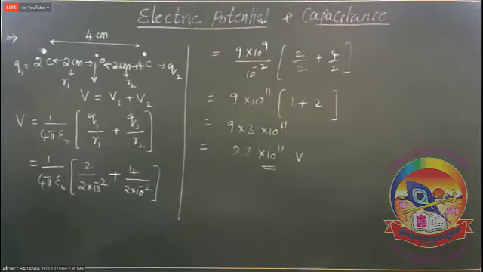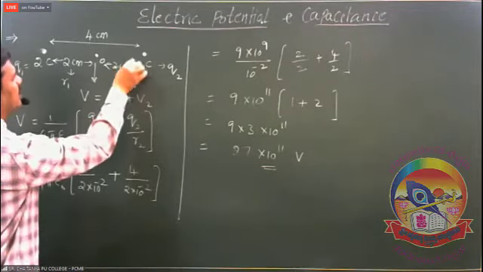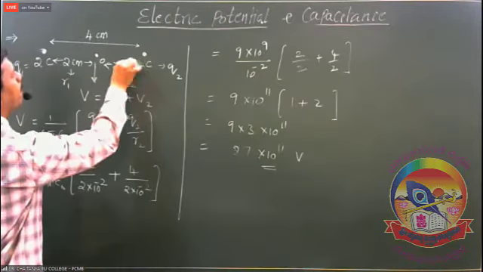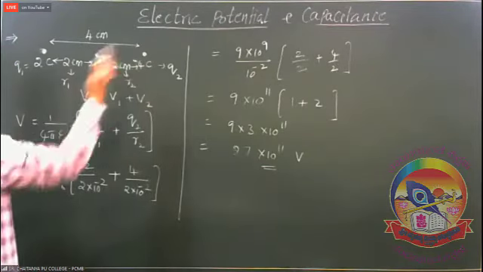Next. In the same problem, with the same dimension and same values, I am making a small change. I am taking the second charge as minus 4 coulomb.